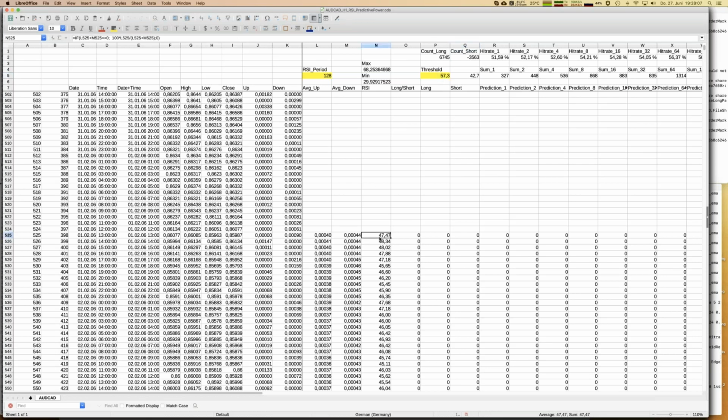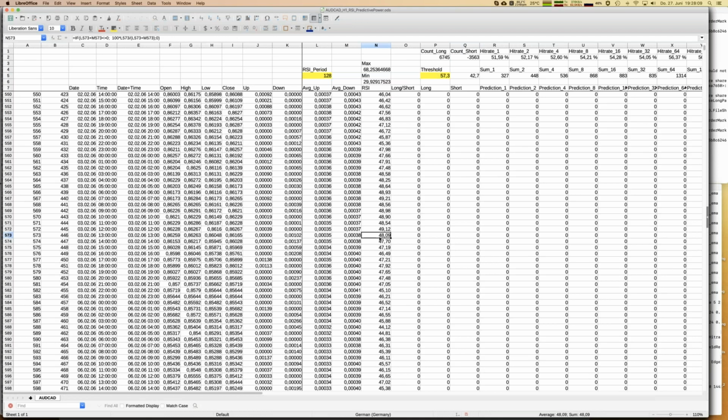Okay, let me go to a place where that condition is fulfilled. Here, first time. And we see that is a condition. We are below the second threshold, therefore we think about a long trade, therefore long. And now let me check what I have done here. You see prediction 1, that's the name of that column.